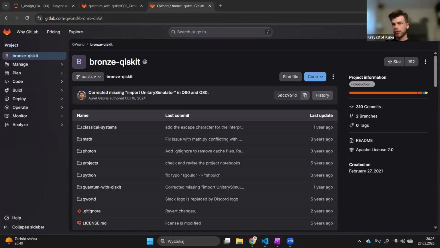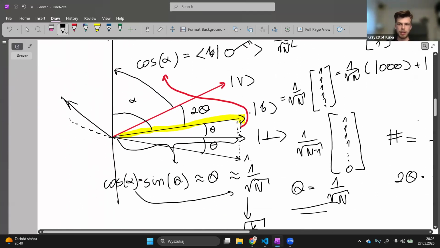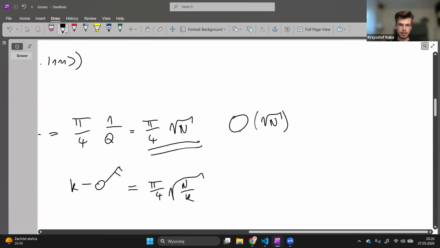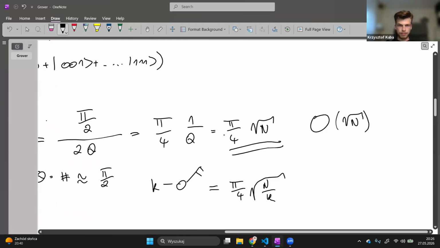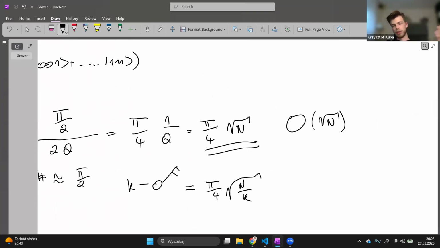What is the ideal number of iterations to find the key? Yeah, so we discussed it earlier. The ideal number of iterations is based on this angle theta, and this is, let's say, pi over 4 square root of n. But you know the pi is an irrational number, it's not an integer, so very often we do the floor, so we round this number down.